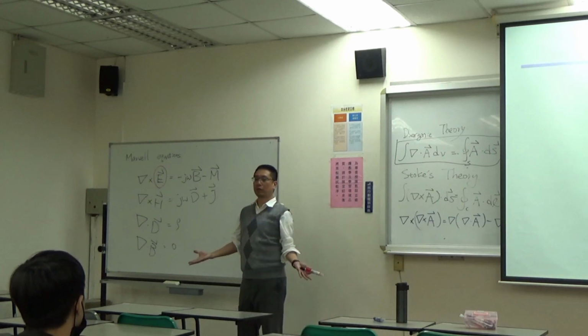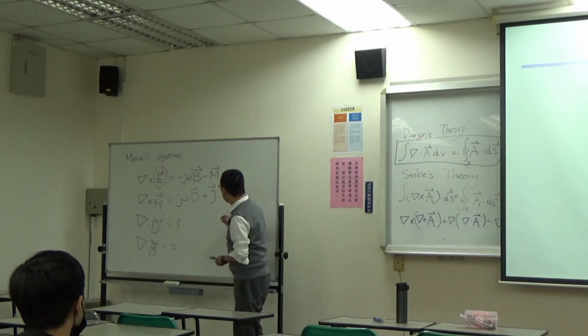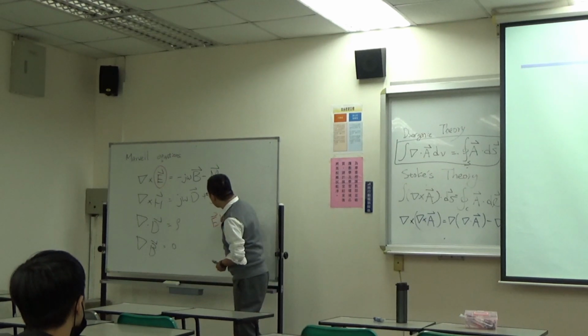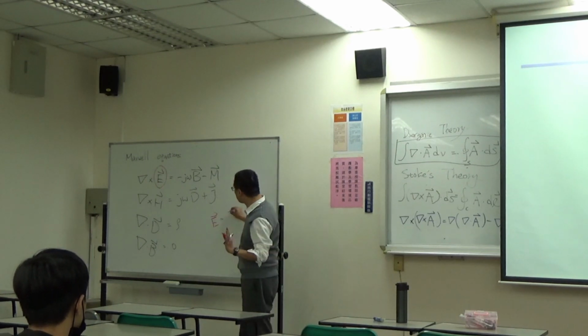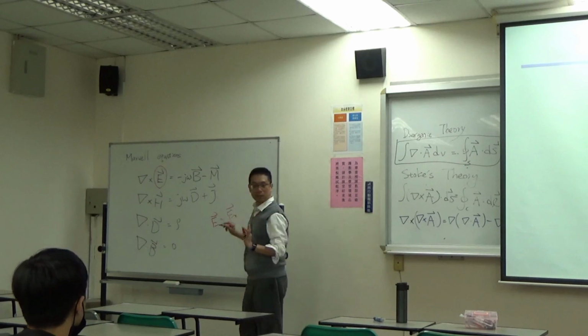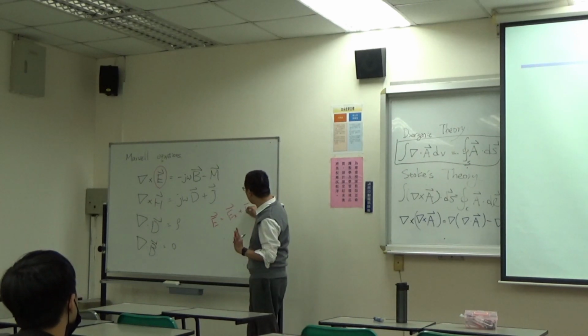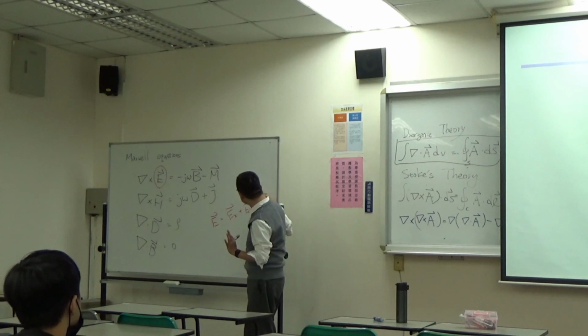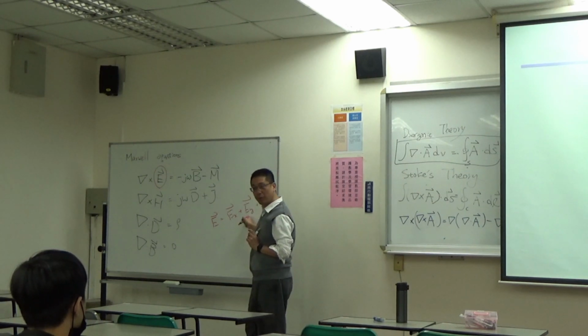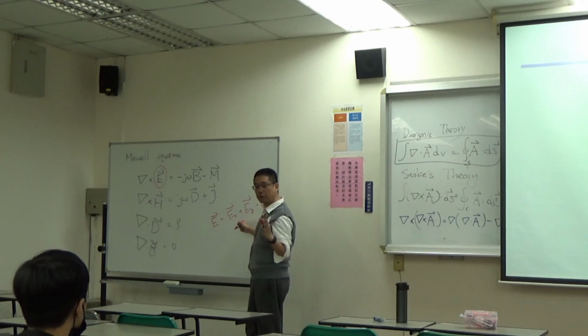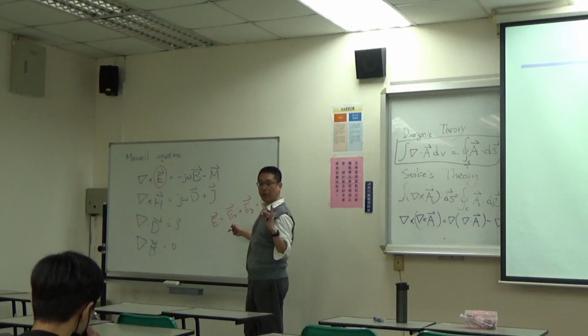For a general E, you have the component of X, the component of Y, and the component of Z. Remember that, right? There are 3 vectors for 3 different directions, X, Y, Z.